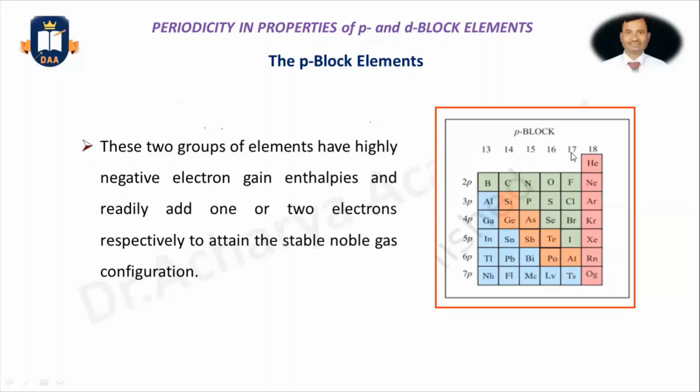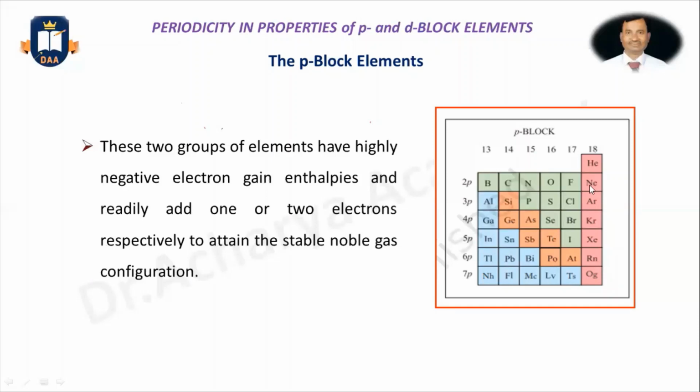So group number 16 and group number 17 elements have highly negative electron gain enthalpies and readily add 1 or 2 electrons respectively to attain the stable noble gas configuration, because group number 16 oxygen has 2s2 2p4. So if you add 2 electrons, then its configuration will be like the electron configuration of neon, that means 2s2 2p6.